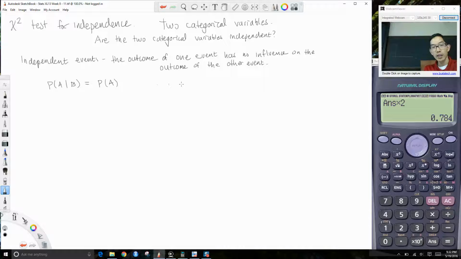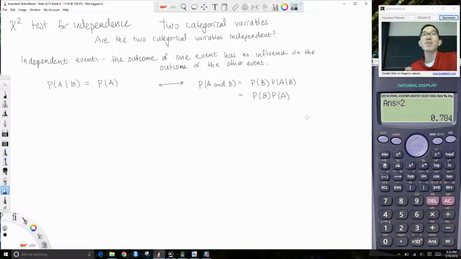Okay. And then this further influences that when it used to be probability of A and B, this always equals the probability of B times the probability of A given B, okay? But because probability of A given B just becomes probability of A, this becomes the probability of B times the probability of A, okay?